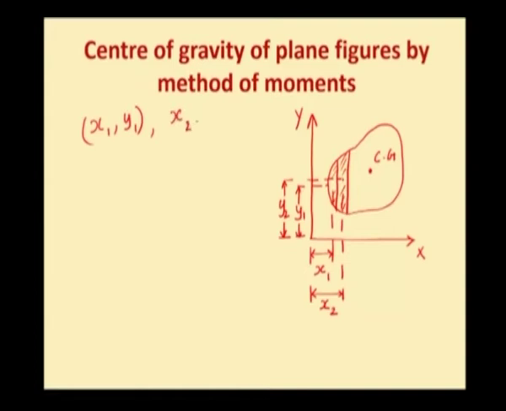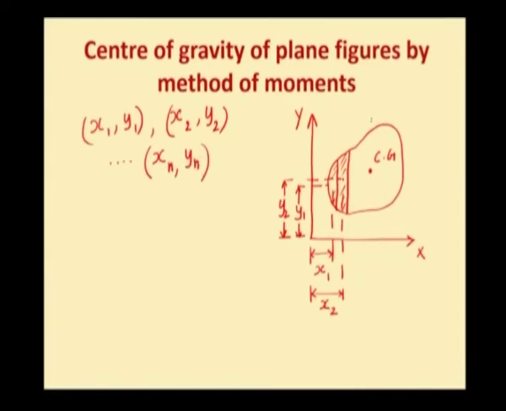Similarly, x2 comma y2 will be the x and y coordinates of the CG of the second strip. Likewise, we will be having n number of small strips. The nth strip will have coordinates of xn comma yn.